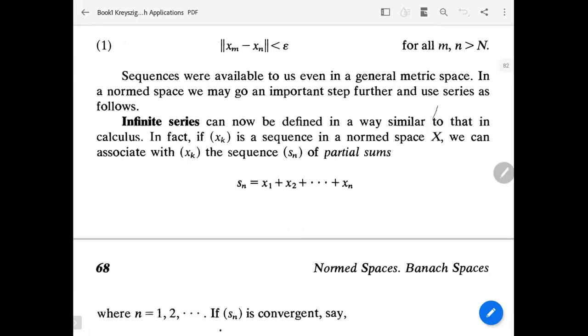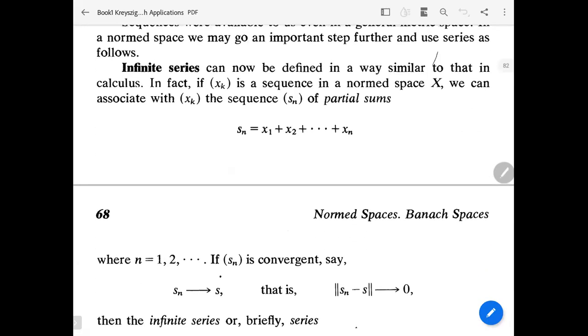Like in calculus, we have the concept of infinite series. So in a vector space, we can define a series. We can add two vectors. We can add more than two vectors. So we can define an infinite series actually.